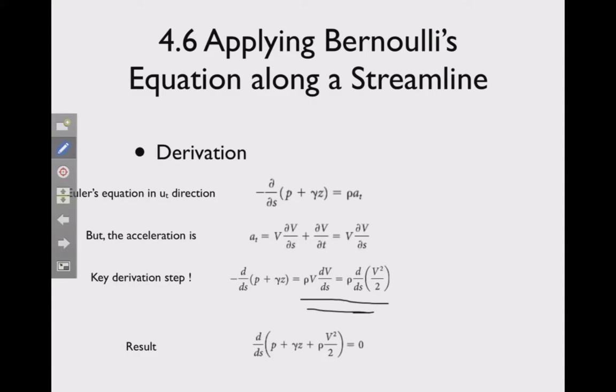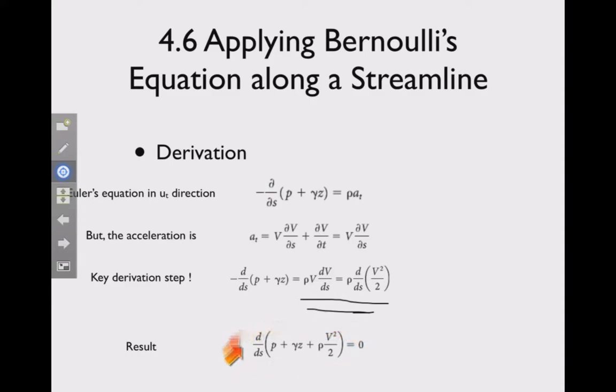So because we've written this now as d ds of this quantity, we can move rho v squared over 2 into this integral on the left-hand side, and we can basically multiply through by -1.